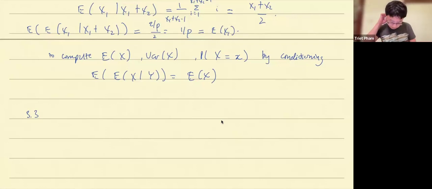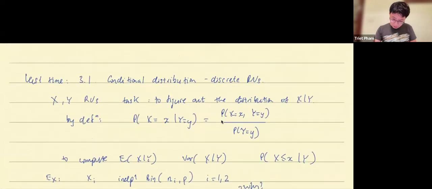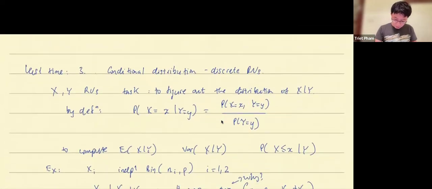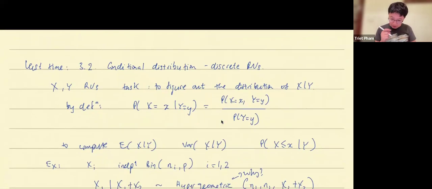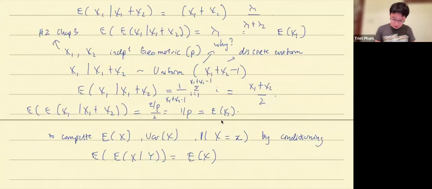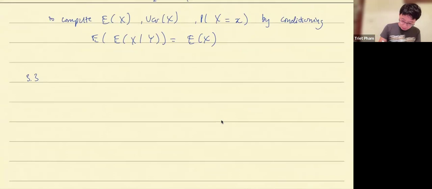You know what? I think I said it wrong. Here is 3.2. 3.1 is just general introduction. So 3.2 is discrete. 3.3 is continuous.